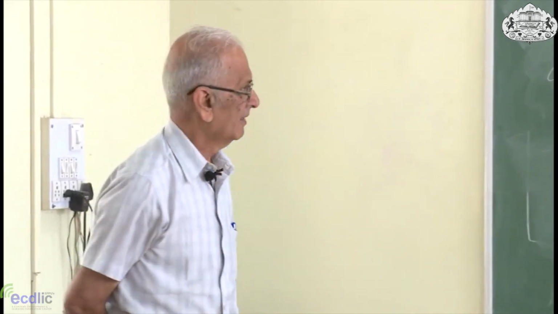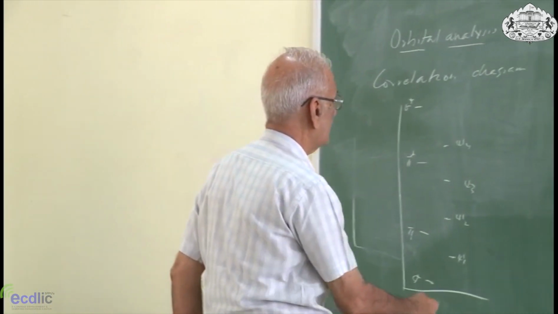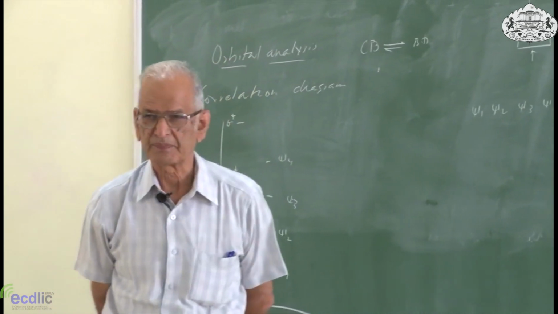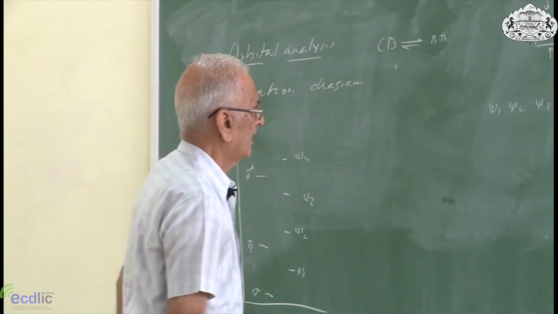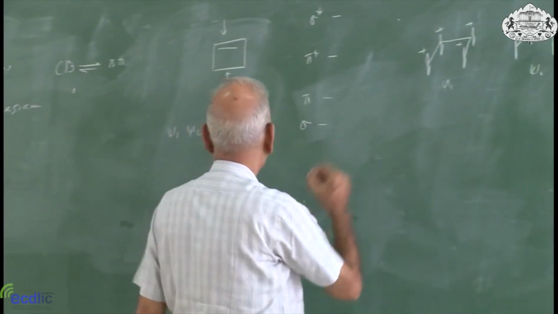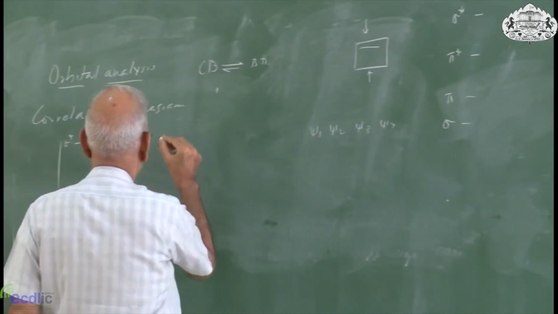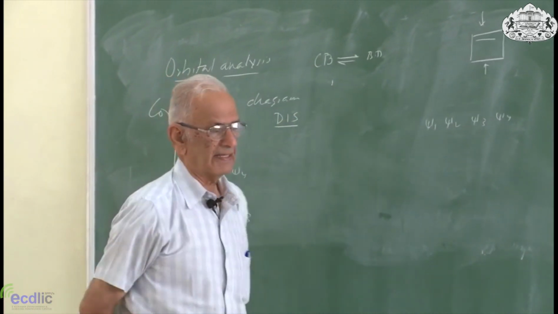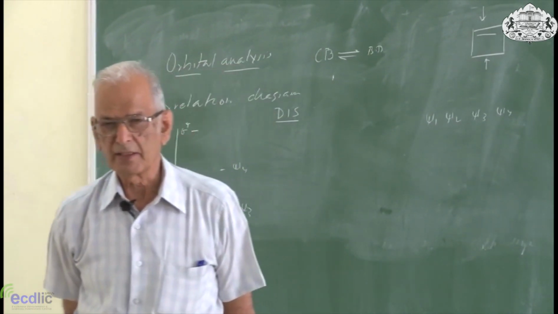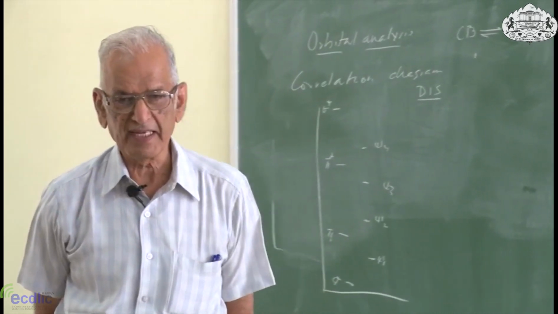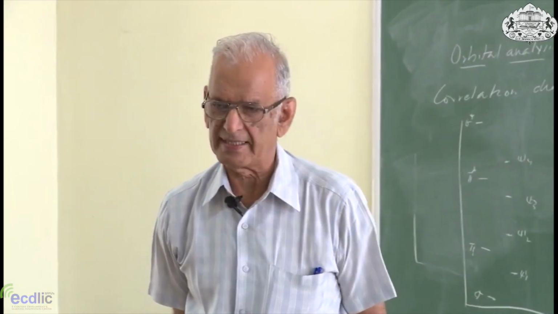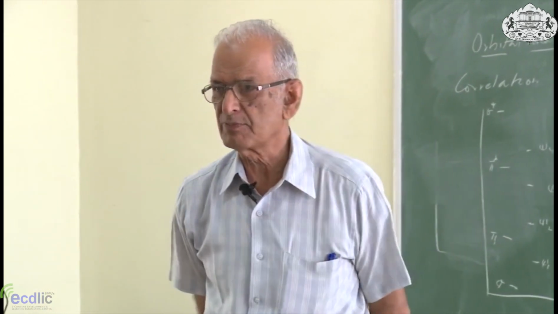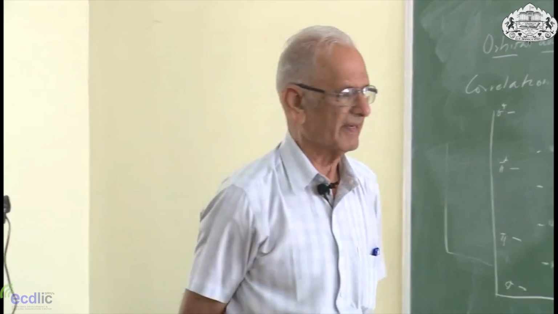Okay. So, we are now analyzing butadiene going to cyclobutene. We are drawing the correlation diagram for the disrotatory process. Disrotatory means the thumbs must move in opposite directions.